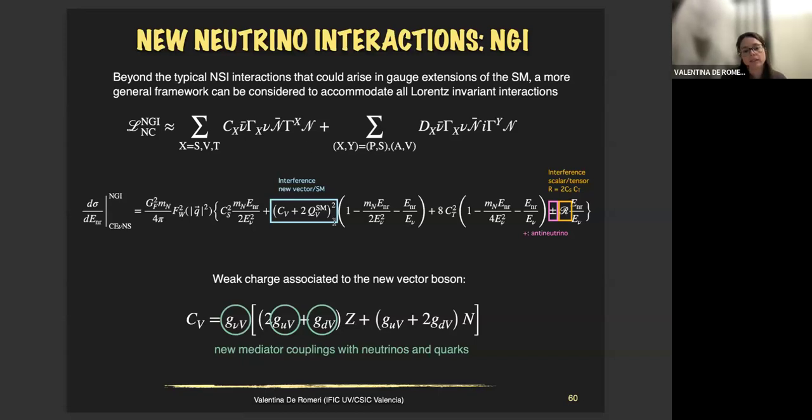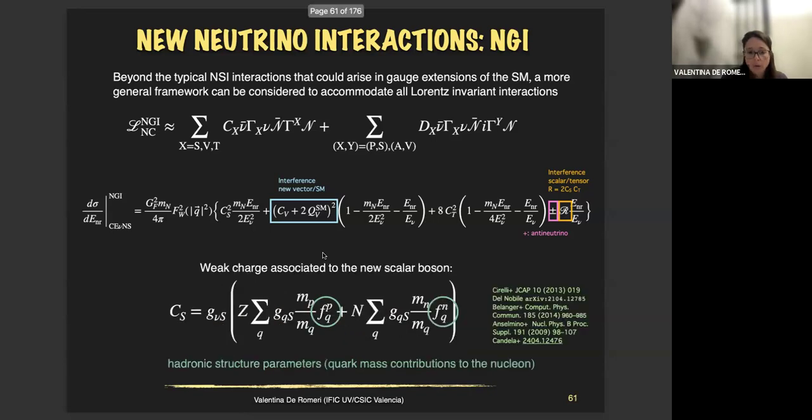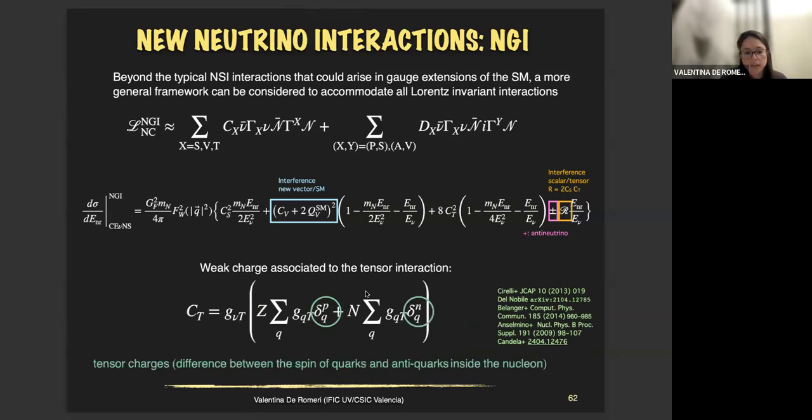And we can define some new weak charge associated, for instance, to the new vector interaction, or associated to the new scalar interactions, which comes with the couplings of the new mediator with neutrinos and with quarks, and with some extra information from hadronic structure parameters. And similarly, we can do the same for the tensor interaction.